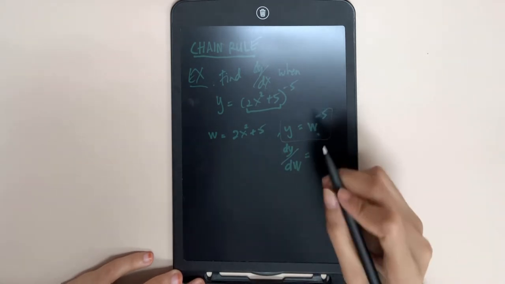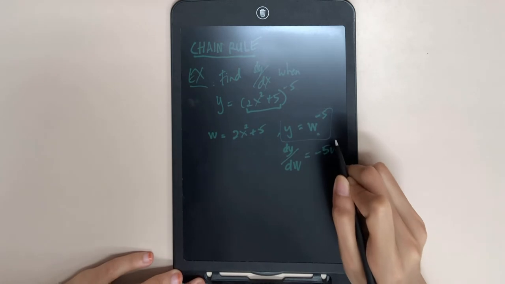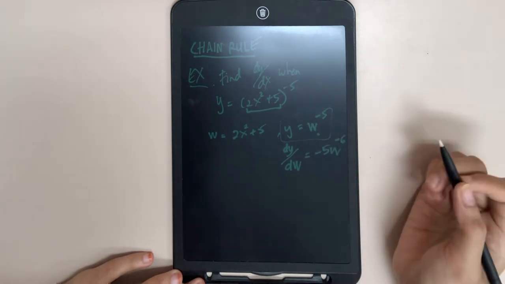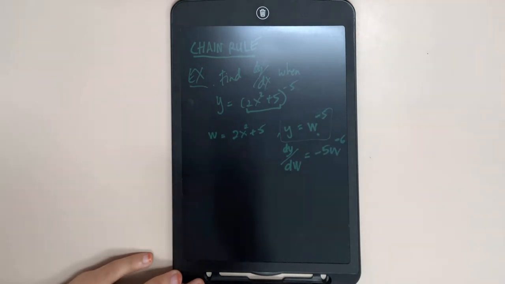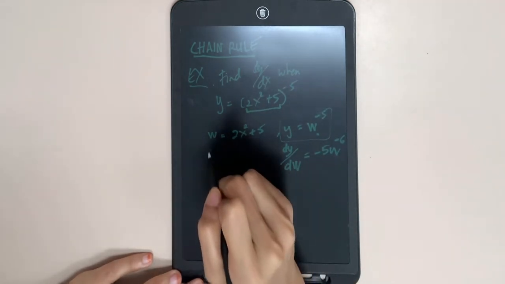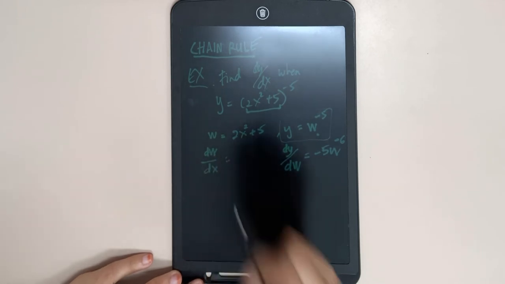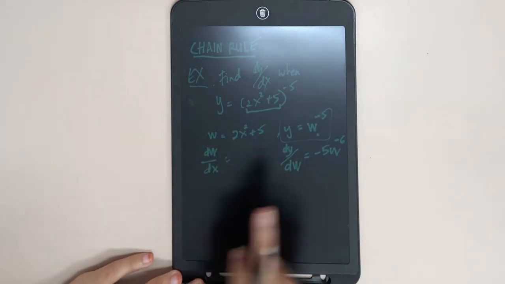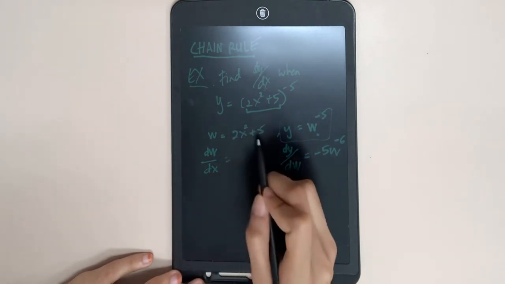Okay, so what we have here is negative 5 w to the power of negative 6. Is it correct, kan? Okay, so now find out dw/dx. Tadi dy/dw, so now dw/dx. So differentiate this function with respect to x.